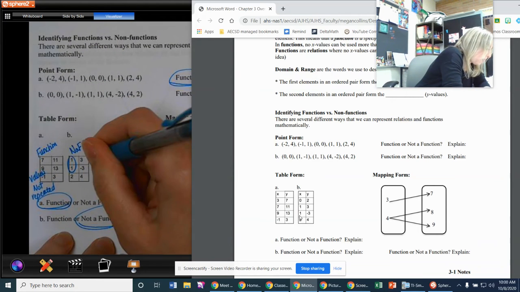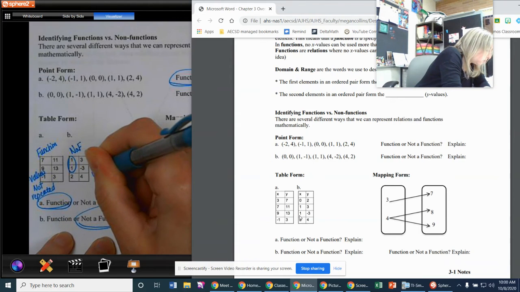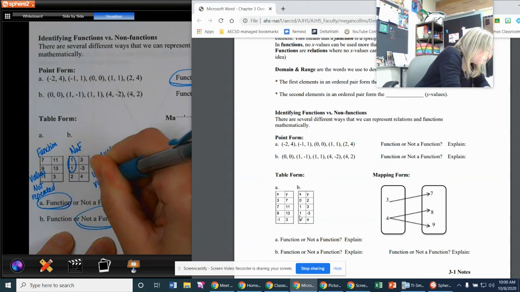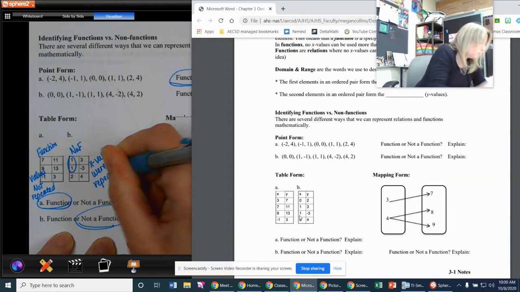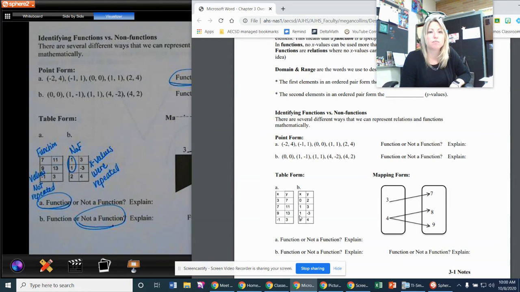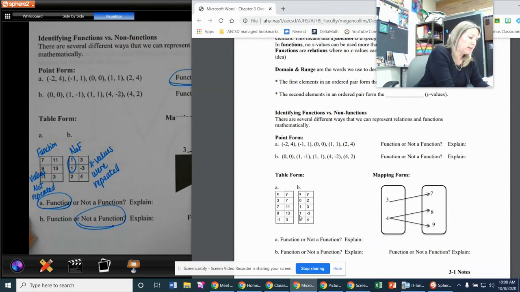And that's because X values were repeated. Okay, and that's the difference. If X values are repeated, then you do not have a function. And if X values are not repeated, then you have a function. Okay, that's how it works.